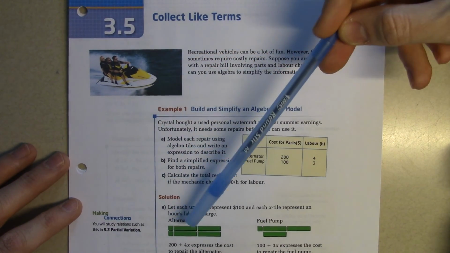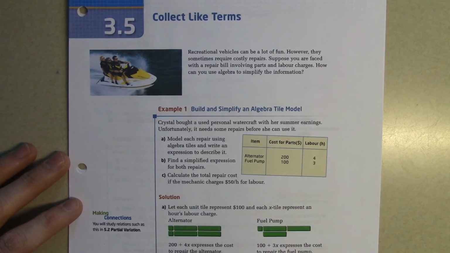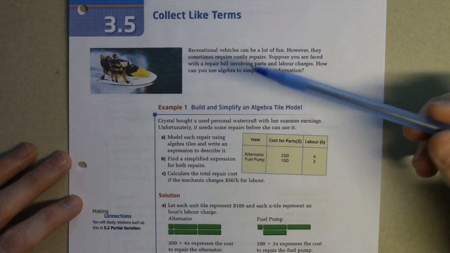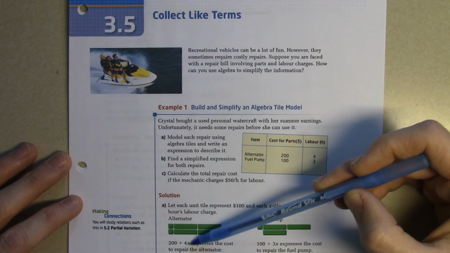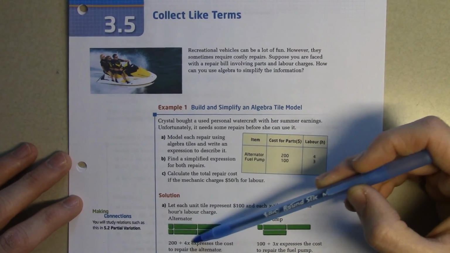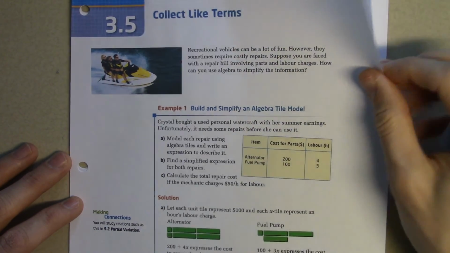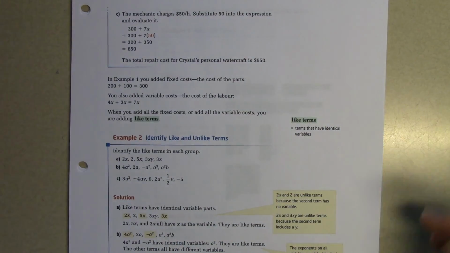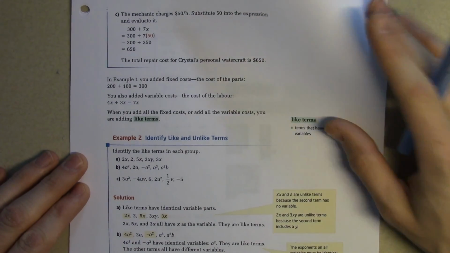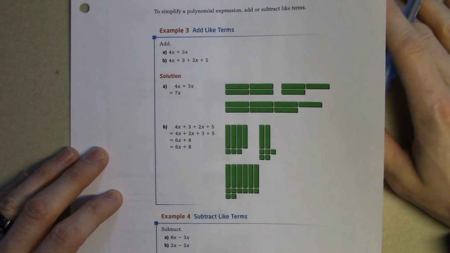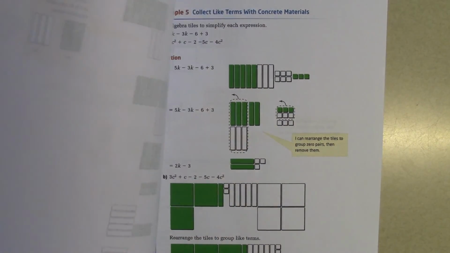Okay, so to represent numbers, they use a very small square block algebra tile. And to represent the letters or the variables, they use a bigger block. And to represent variables squared, they use an even bigger block. Here they are, okay?